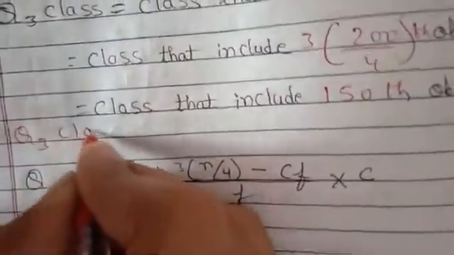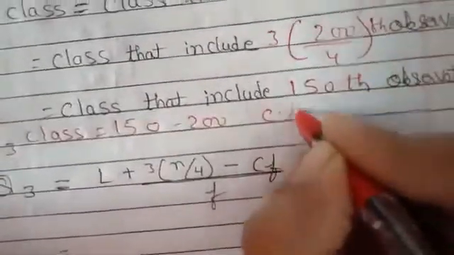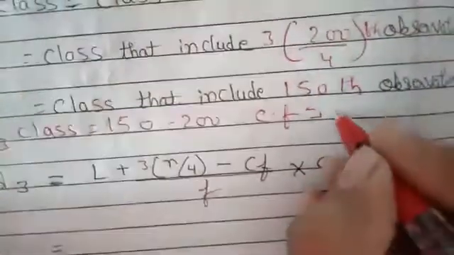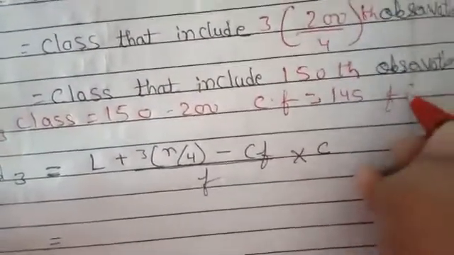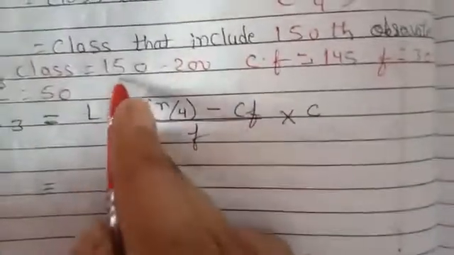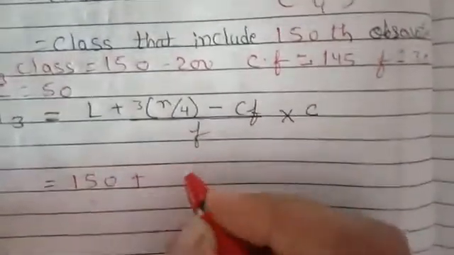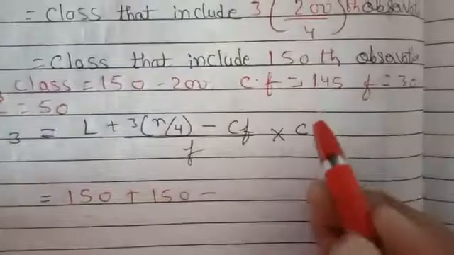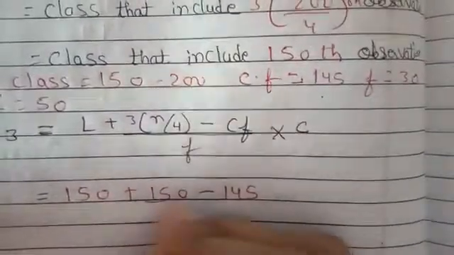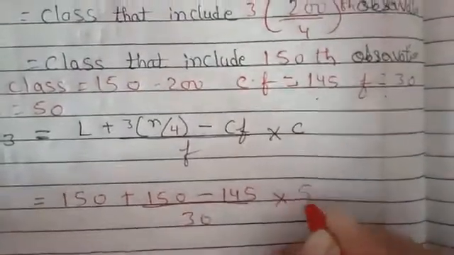So the Q3 class is equal to 150 to 200. CF, what we saw, is 145 and frequency is 30. Class length is the same, 50. Now L, the lower boundary point, is 150, plus 3n by 4. 3n by 4 came to 150, minus CF 145, divided by the frequency over here, 30, multiplied by class length 50.